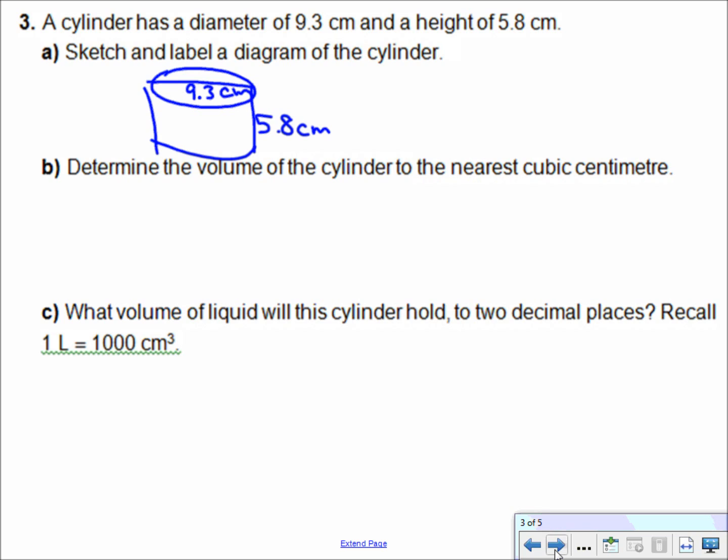So determine the volume to the nearest cubic centimeter. Volume is pi r squared, which is really the area of a circle, times height. So I get 3.14. I need to calculate my radius.